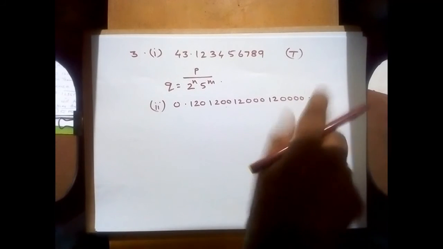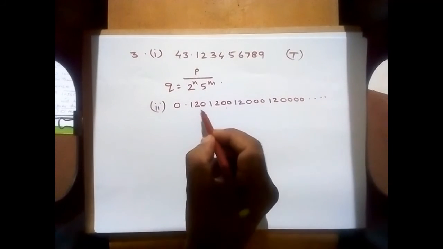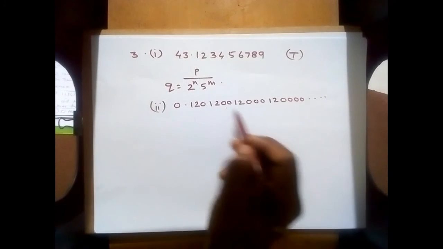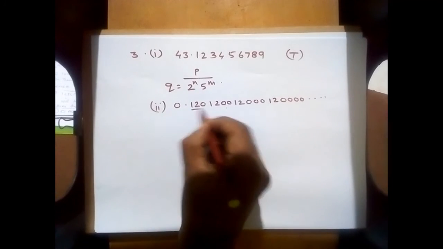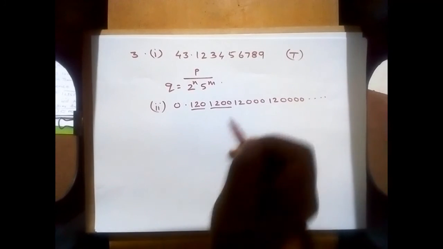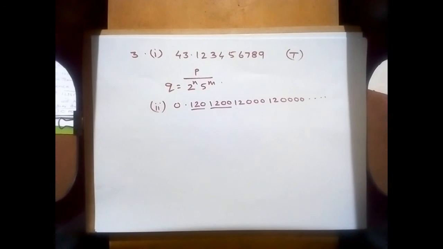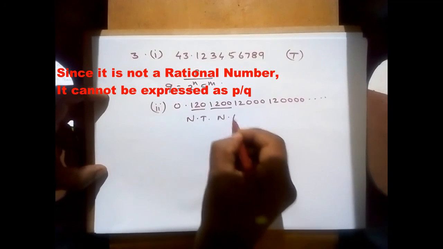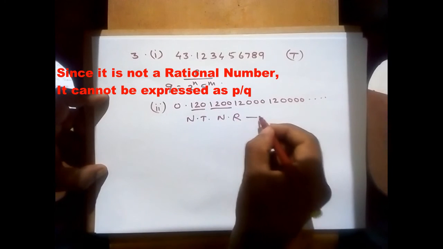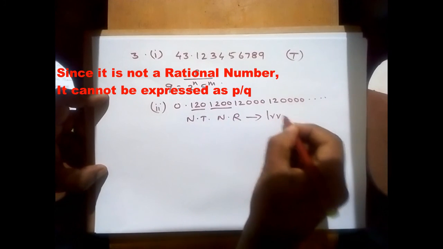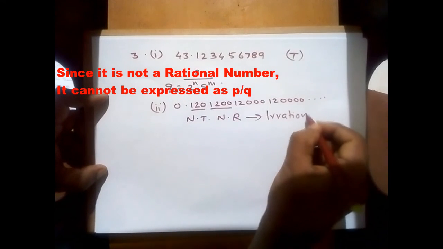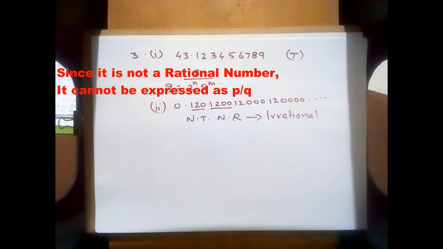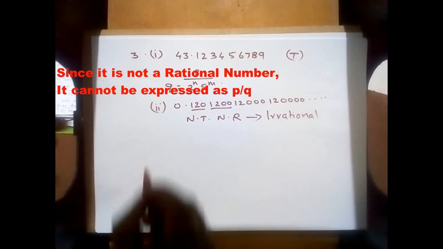This is non-terminating and this is non-recurring also, because here it is 120, here it is 1200. This is not allowed. It should be recurring, means it should be the same. So this is non-terminating and non-recurring. Non-terminating, non-recurring means it is an irrational number. It is not a rational number.